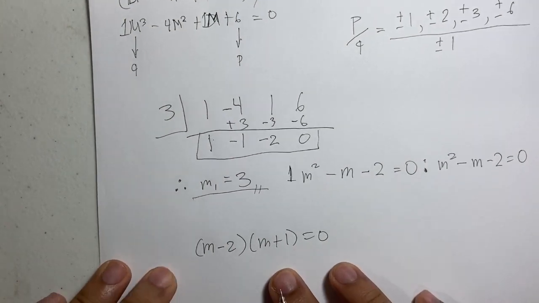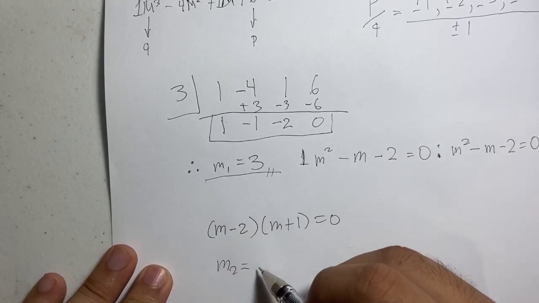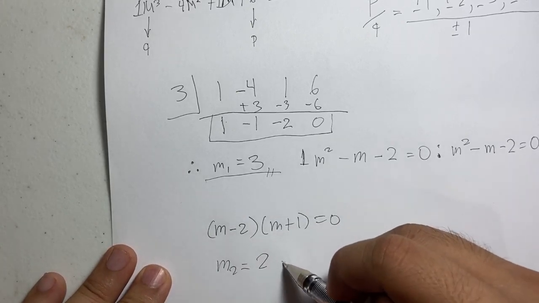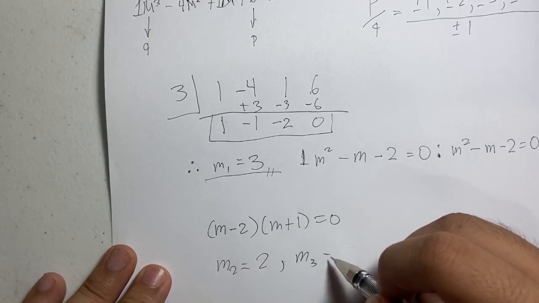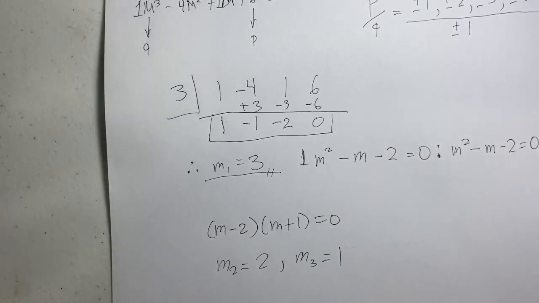So our second root is equal to 2. And our third root is equal to, rather, negative 1.